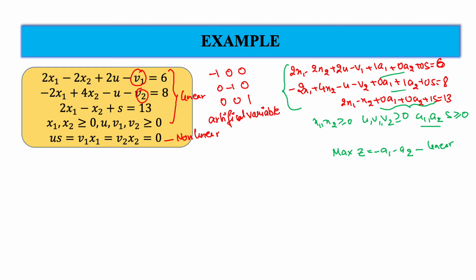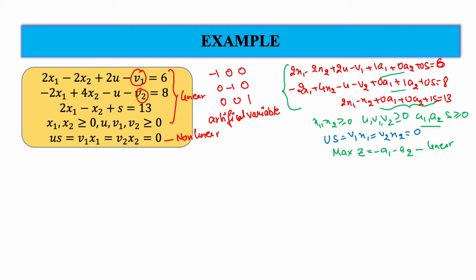Now how we can solve it, we will see by forming the simplex table. Before that, these three conditions will always be there: u into s, v1 into x1, and v2 into x2, all three are equal to 0. These three conditions we have to keep in mind.